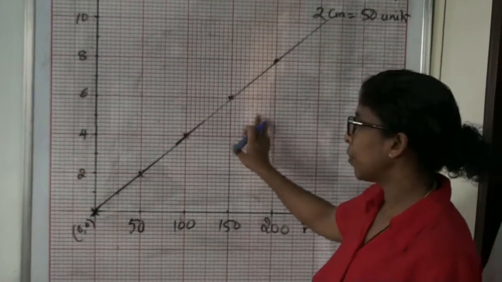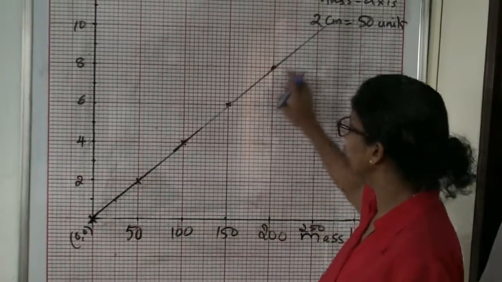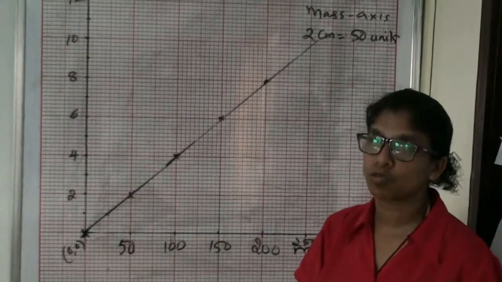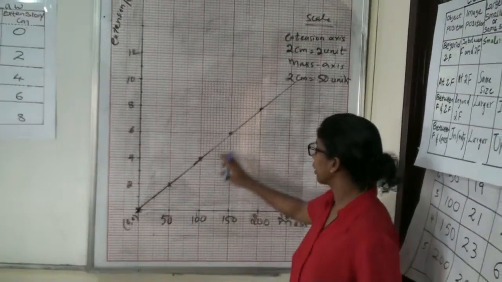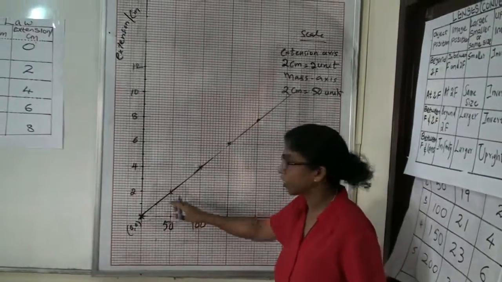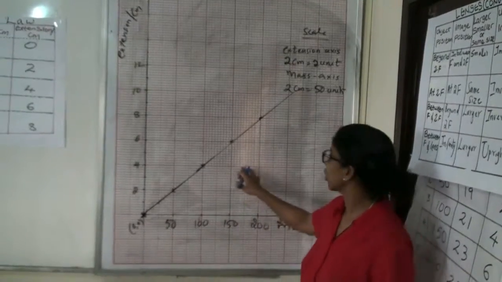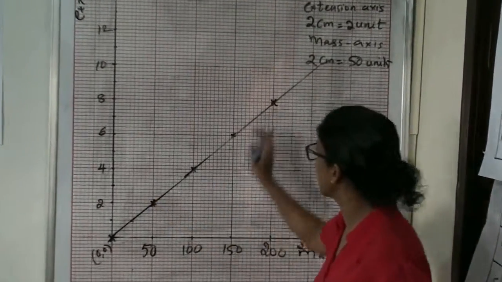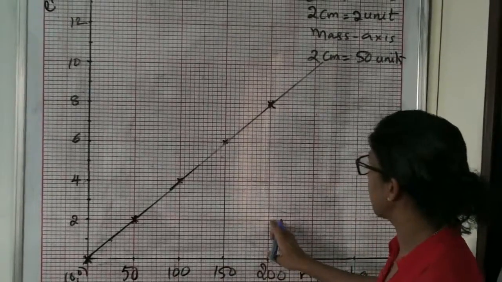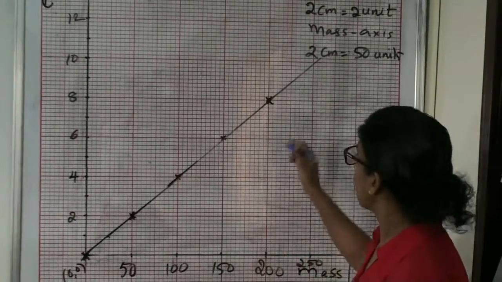Now, after you draw the graph, they are asking us to find the gradient. How do we find the gradient? Once you get a straight line, take any 2 points on the straight line, such that we get a big triangle.